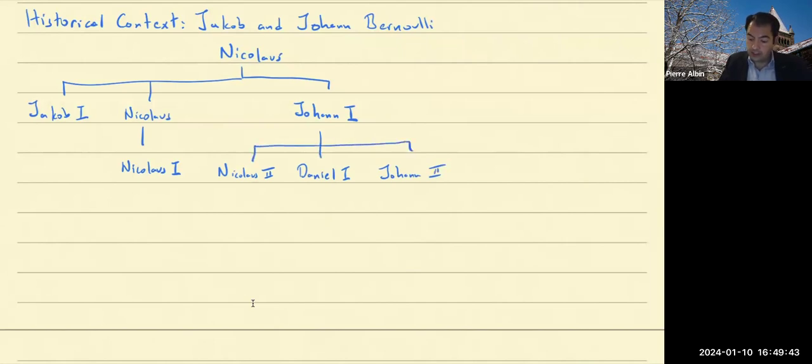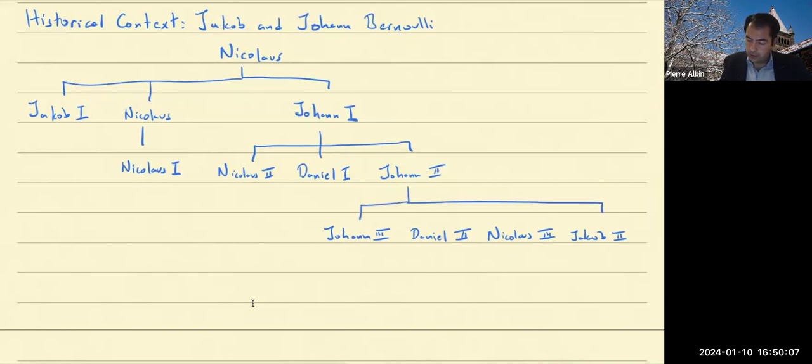And then Johann the second had children: Johann the third, Daniel the second, Nicholas III, and Jacob II.